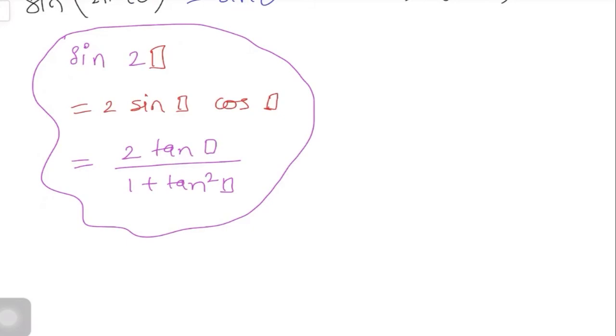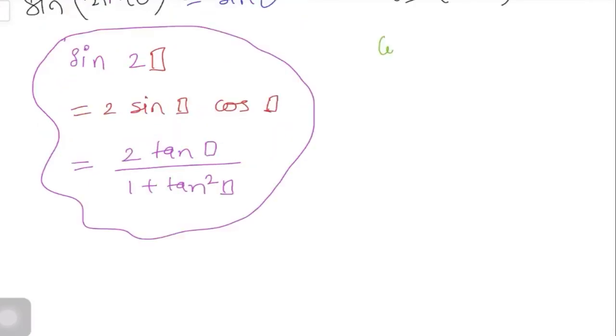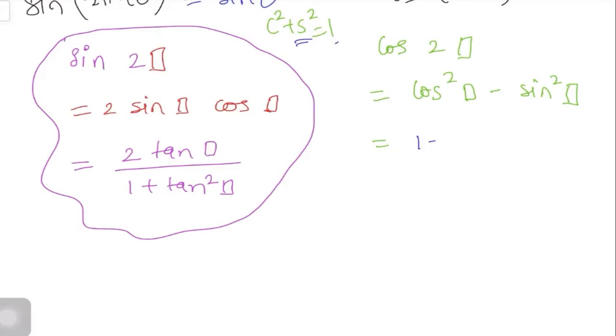Then we are going to have the formula for cos of 2 times the angle. So the formula will be cos 2 angle equals 1 minus 2 sin square angle, and 2 cos square angle minus 1.